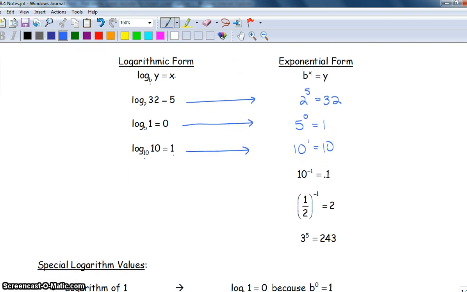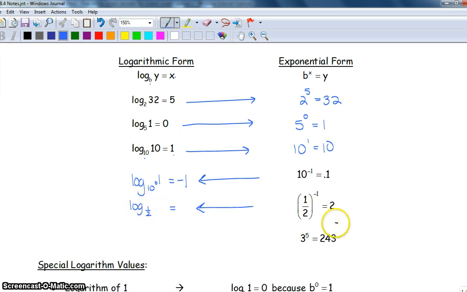If I'm going from exponential form to logarithmic, I think this one's a little bit more difficult, but just model it over here. Your number base here is the base in the log. So here I've got the base log of 10. It's set equal to whatever your exponent is. So this number over here is a -1, which means this is 0.10, or just 0.1. Here our base is 1/2, so it's log base 1/2.